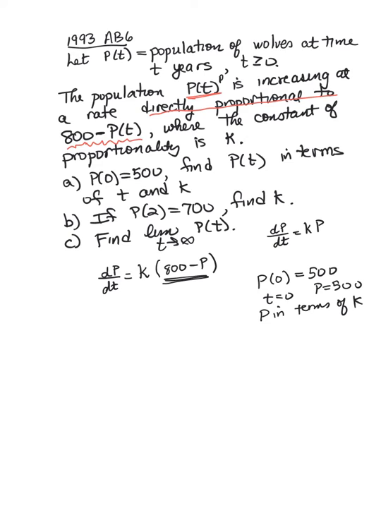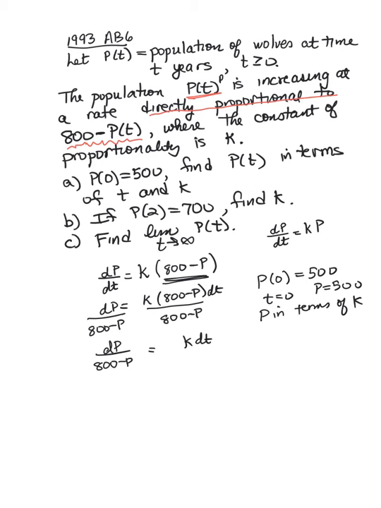We cross multiply, separate the variables. We get dP equals k times 800 minus P times dt. Divide each side by 800 minus P to get the P over to the dP side. Leave the k where it falls. dP over 800 minus P equals k dt.